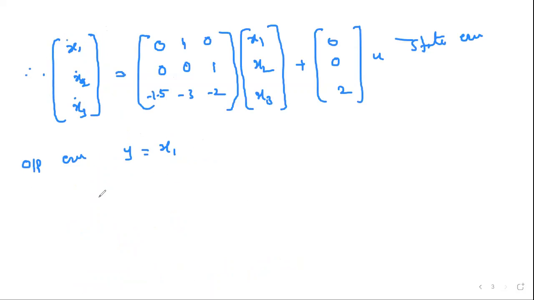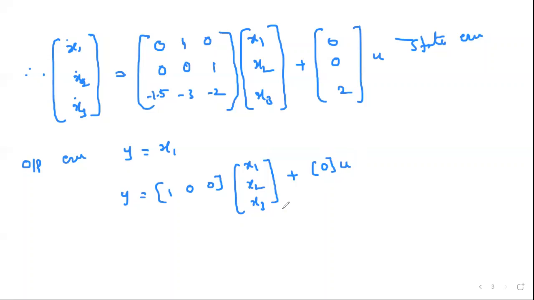It is fixed, because the A matrix is 3 by 3, that's why it is 1 row and 3 columns, 1 0 0, into x1, x2, x3, plus D, D is 0, into u. Okay, this is the output equation. Problem is done.